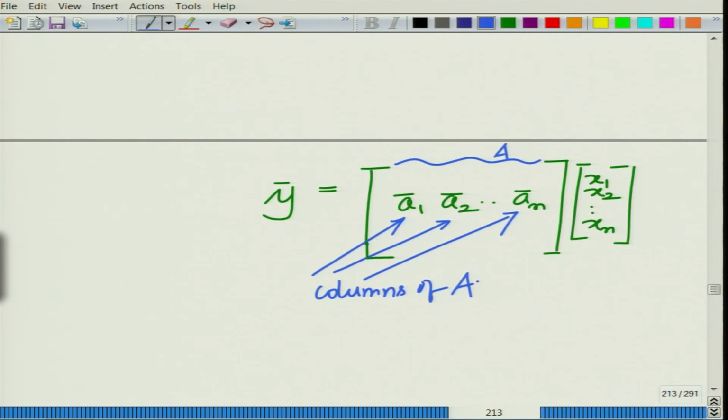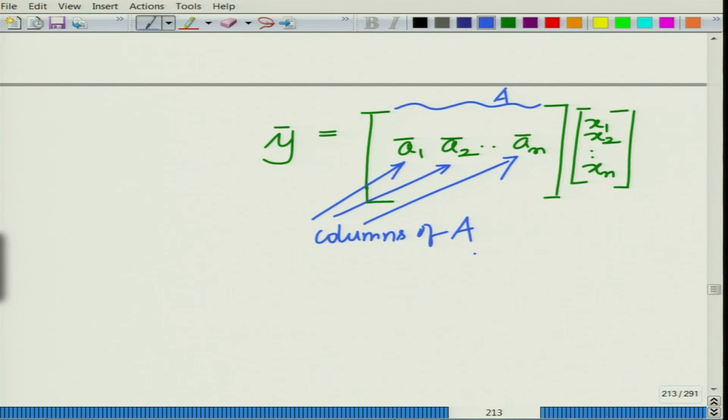These are the columns of your matrix A. There are n columns, each of size m. So, essentially they span an n dimensional subspace of the in general m dimensional space. Each of these vectors lies in an m dimensional space, and together they span an n dimensional subspace.